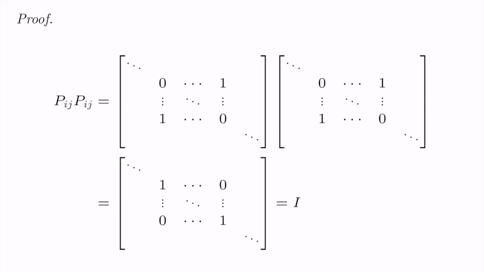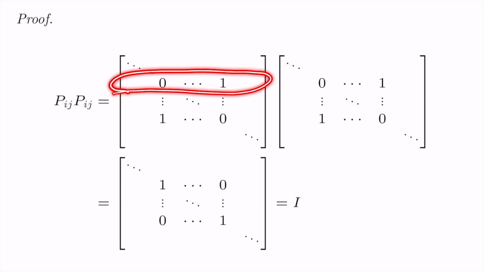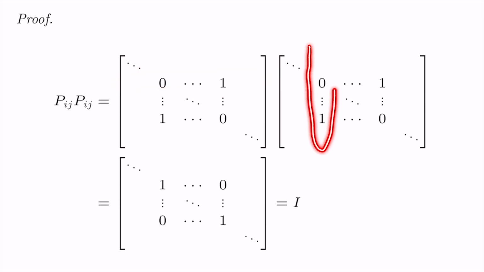So if we multiply Pij by itself, then we get this. So we have Pij here, the same matrices, and this is the ji element and this is the ij element. So if we multiply them, let's take this row i and multiply with column j. So 0 times 0 is 0, 1 times 1 is 1. So the ii element becomes 1.